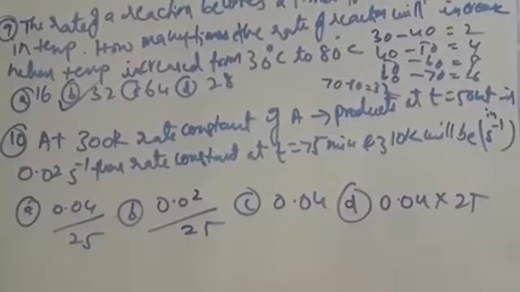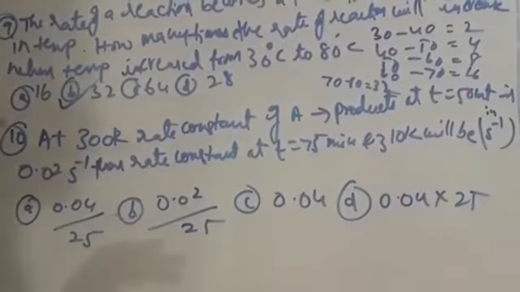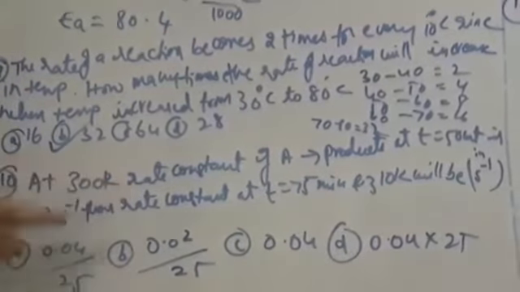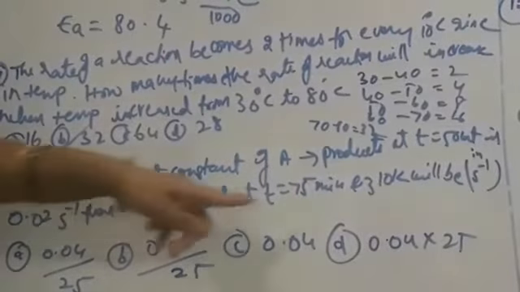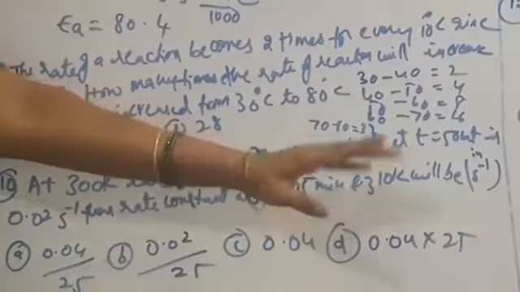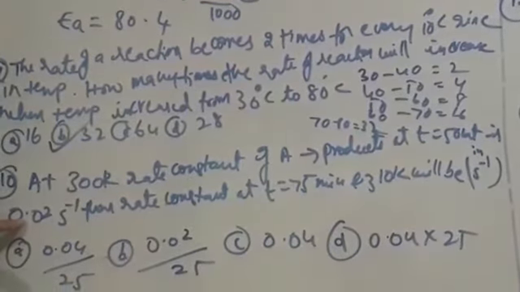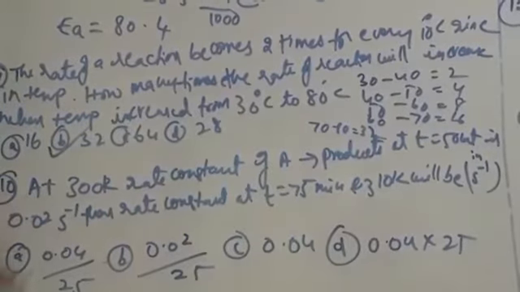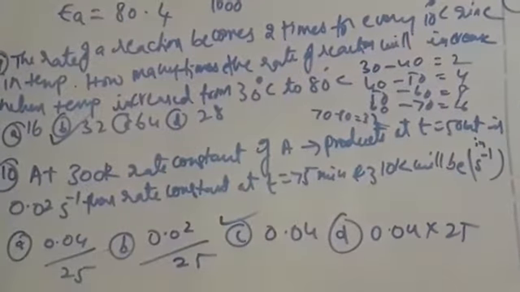Okay. So you know that for every 10 degrees rise of temperature, the rate becomes double. At 300 Kelvin the rate is 0.02. Then at 310, a 10 degrees rise in temperature, the rate becomes double, so it becomes 0.04. So option C is correct, 0.04.